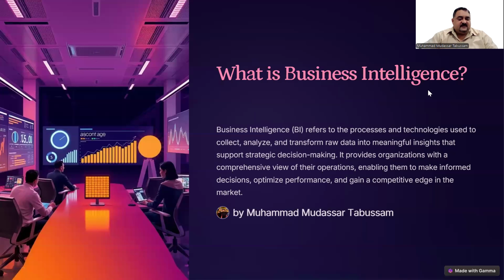What is business intelligence? This is by default my account name, made with Gamma. This is all business intelligence. And this is a relevant image, an artificial intelligence image developed automatically. Now go to the second page.